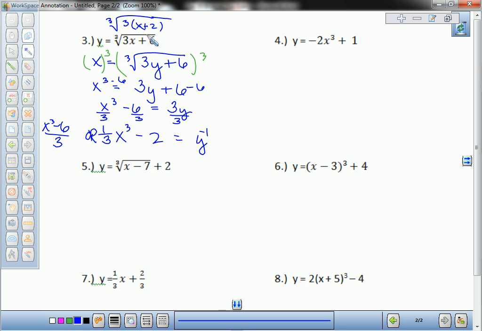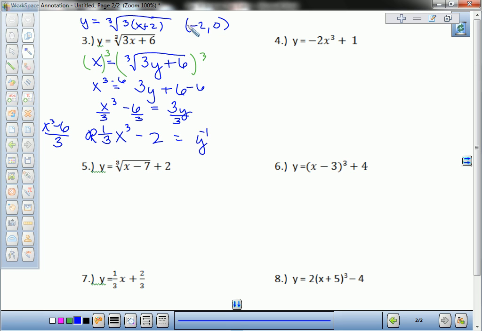And if we wrote it like this, it is in the form to figure out where the starting point for this cubed root is. You always have to factor out a coefficient to find the starting point. Do you guys see that the starting point would have been -2, 0? Because the opposite of what's grouped with your x is your x at the starting point.